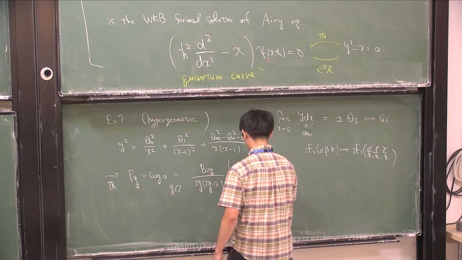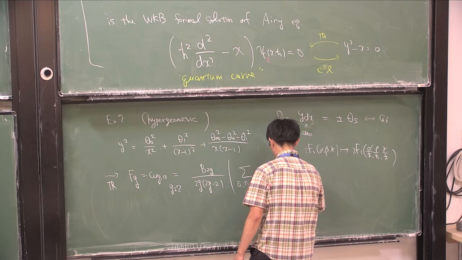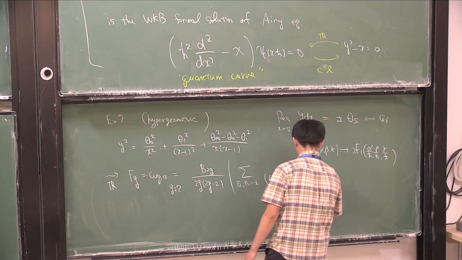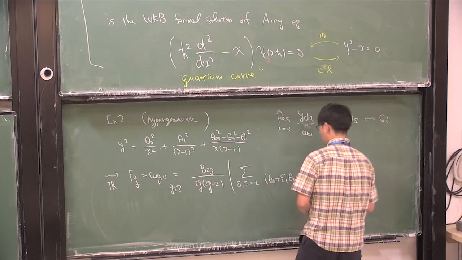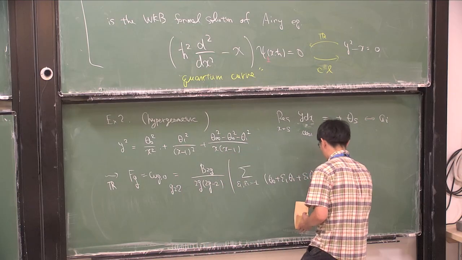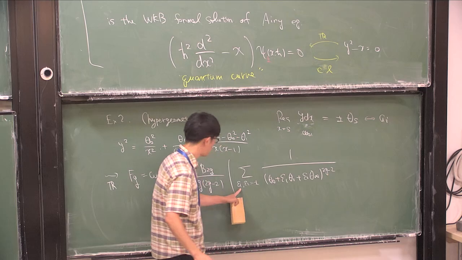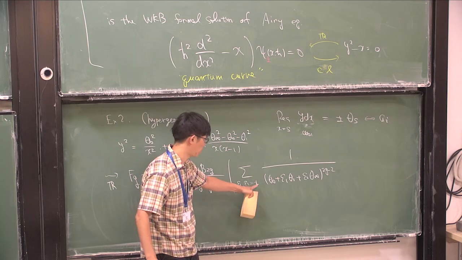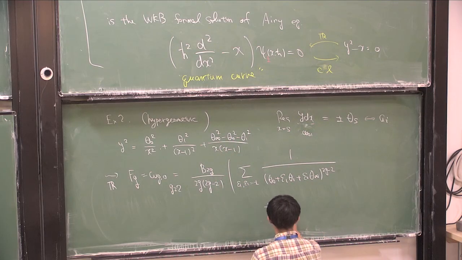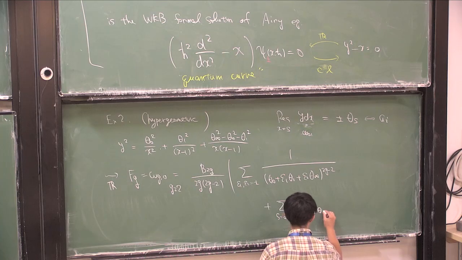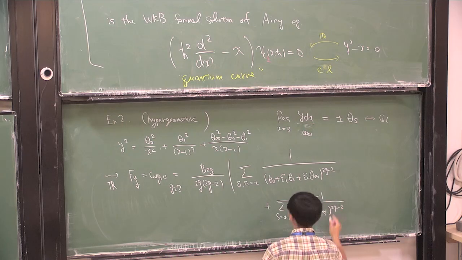And actually, here you have, sorry, maybe I don't have to wait. Do you understand what I mean by this? Epsilon 1, epsilon 2 can be both plus or minus, so it has 4 terms, and also infinity to theta s to the g minus 2.